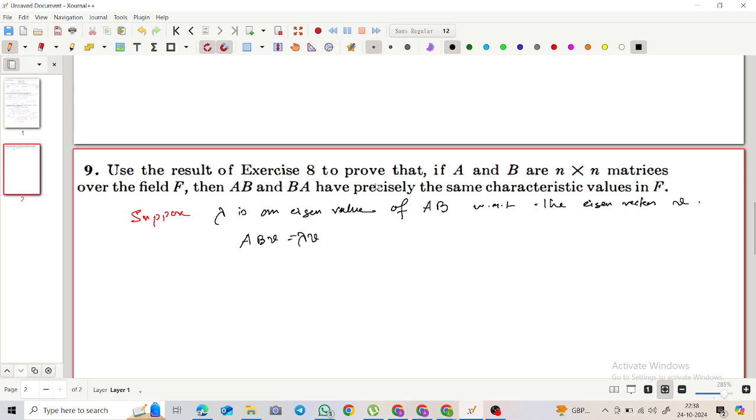equals lambda V. So let me write a corollary here for the above.